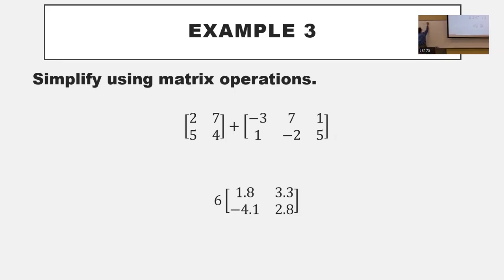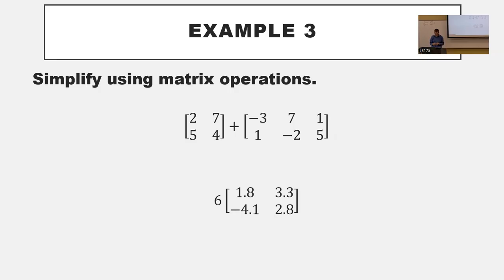6 times that matrix is 6 times every entry in the matrix. Six times 1.8 is 10.8. 6 times 3.3 is 19.8. 6 times -14.1. No, I'm sorry, -4.1 is -24.6.